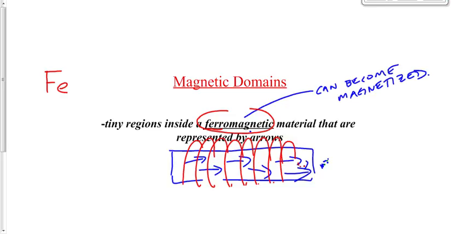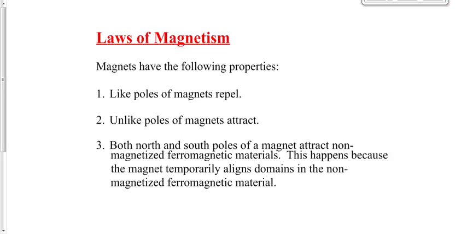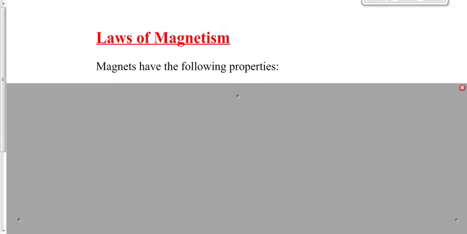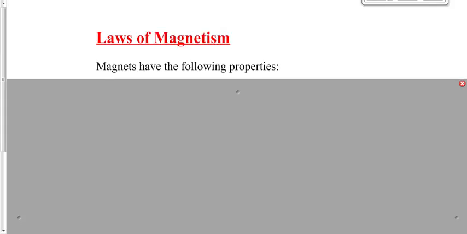Make sense? All right, let's start drawing connections now between electricity and magnetism. Not so much one thing affecting the other, but at least similarities between electricity and magnetism. We talked about 3 laws of electricity. We're going to talk about 3 laws of magnetism as well. As we do, remember what I said at the beginning of the lesson: poles are not charges, charges are not poles.